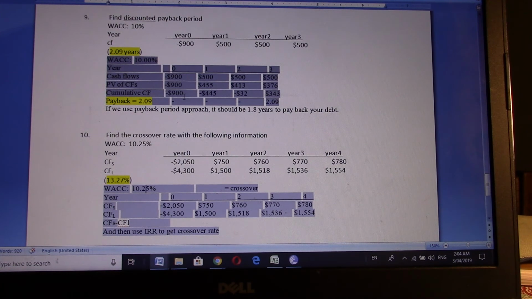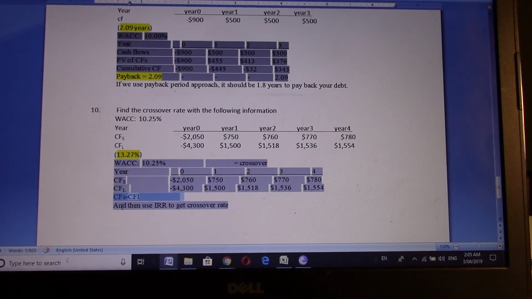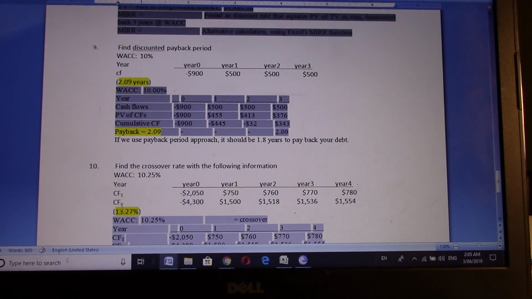What you should do is calculate the difference of the cash flows between the two projects, year by year. The cash flows of project S and project L are both given. Then you can use the IRR command in Excel to get this crossover rate. So the answer should be 13.27.